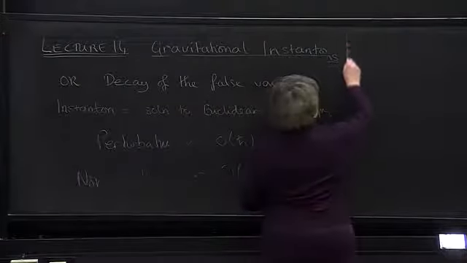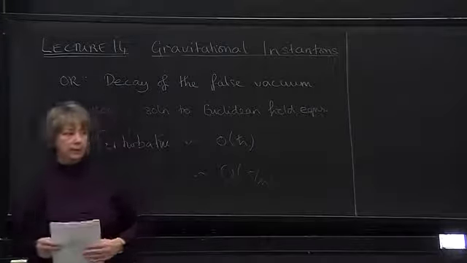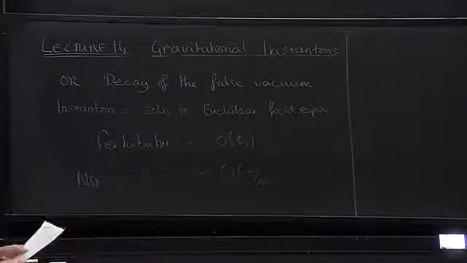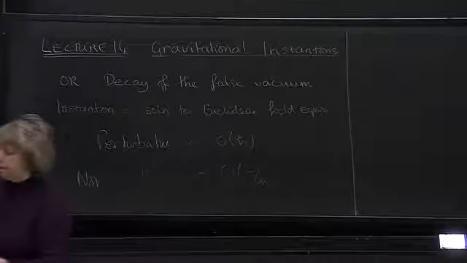So I'm going to describe this in the context of some classic papers by Coleman and collaborators from the late 70s and early 80s. And I'll put the references over here.